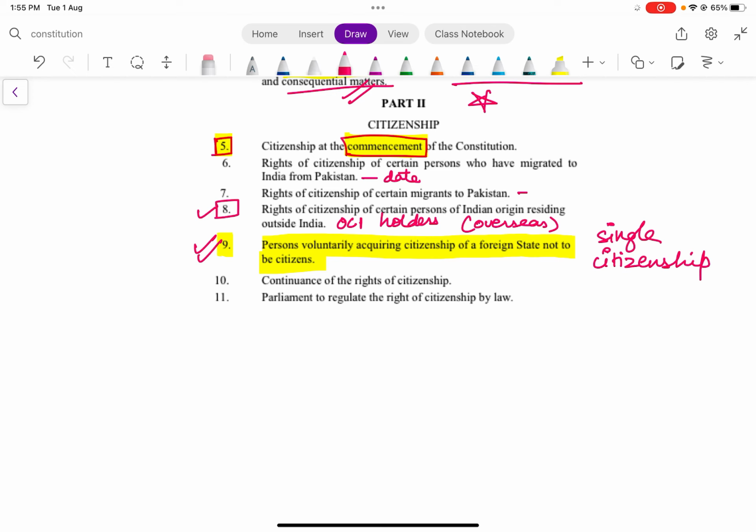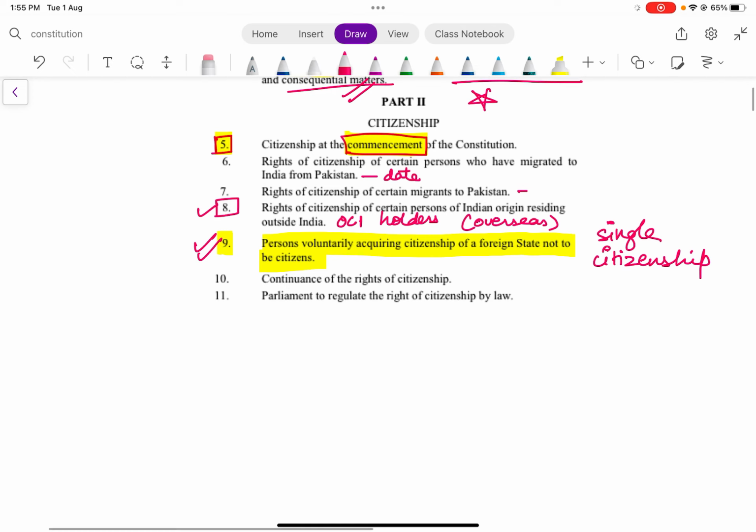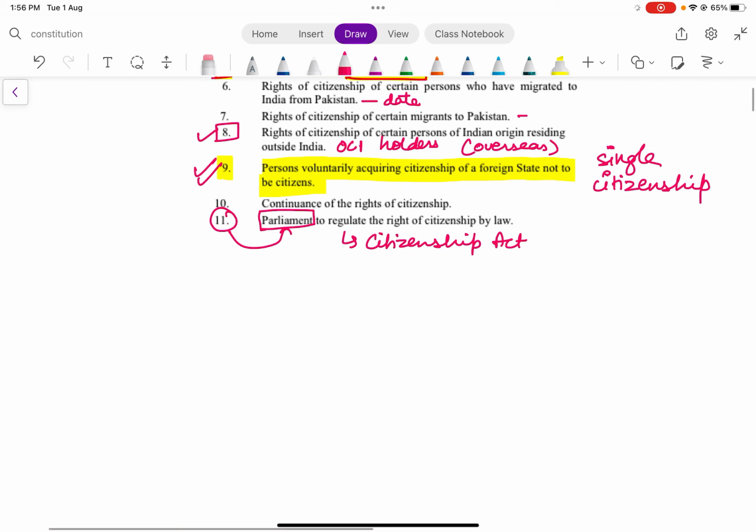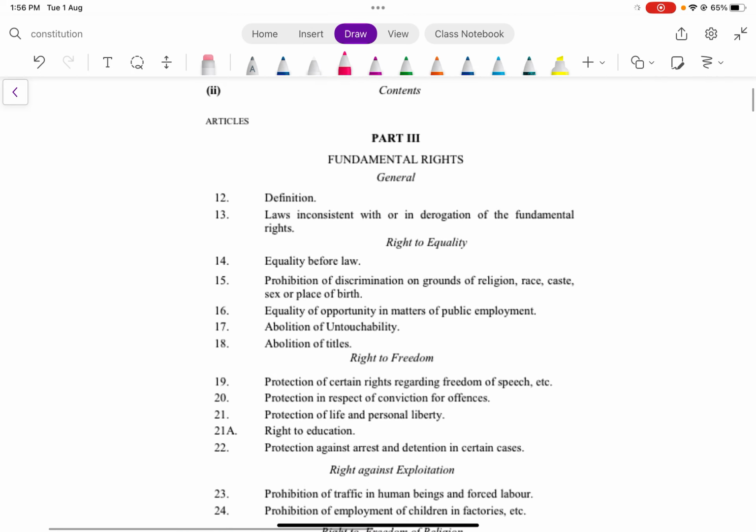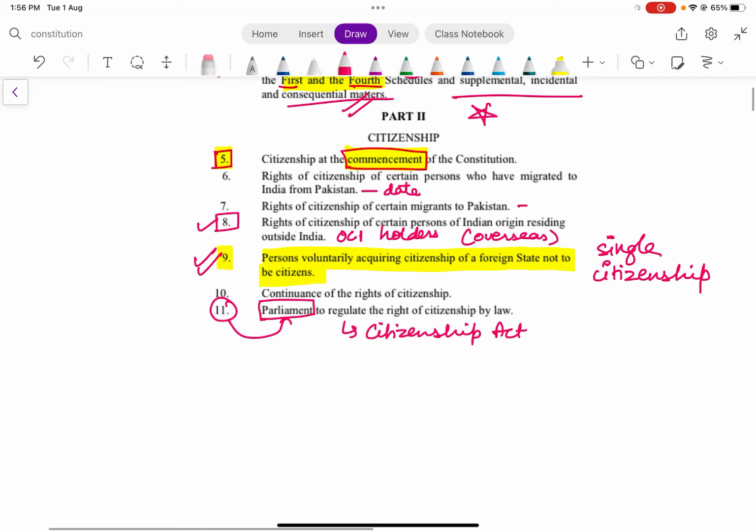Then continuance of the rights of citizenship, and Parliament to regulate the right of citizenship by law, and therefore we have the Citizenship Act. Which article gives power to the Parliament? Article 11 gives power to the Parliament. Moving forward, so there were only 5 to 11. So 1 to 4 was part 1, then 5 to 11 was part 2.